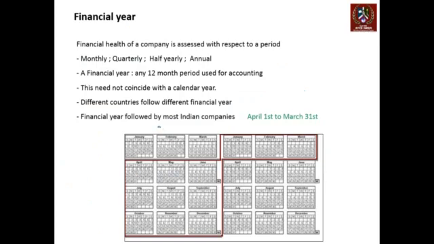If this was 2015 and this is 2016, essentially when we say financial year 2016, this would be from April of 2015, and that's 1st of April 2015 to 31st March 2016. That's the financial year. This here is going to be quarter one.